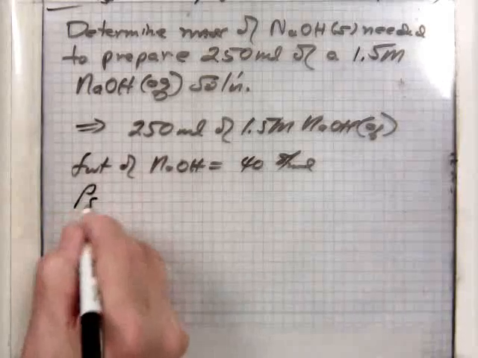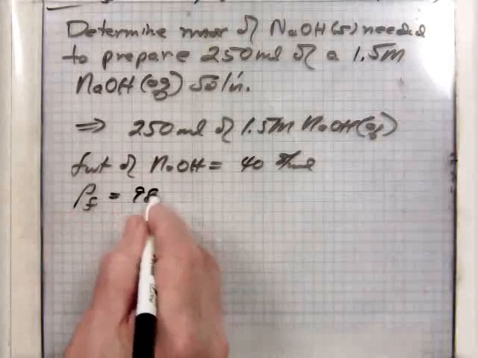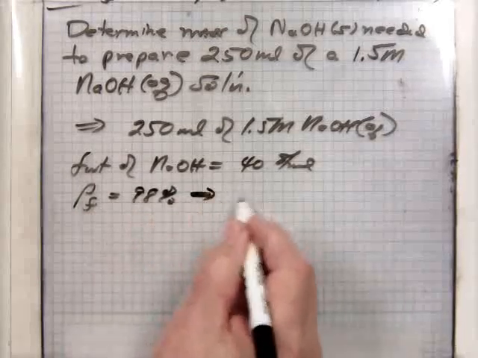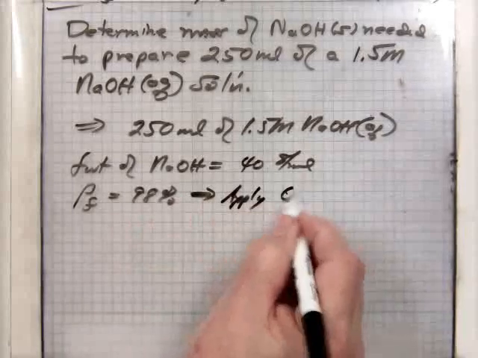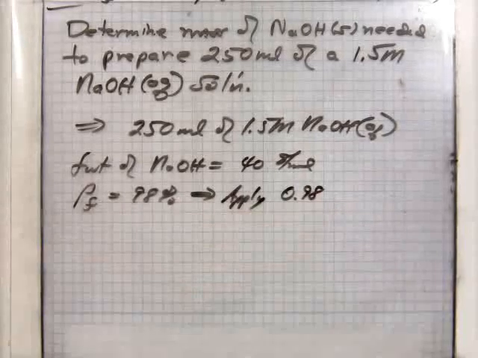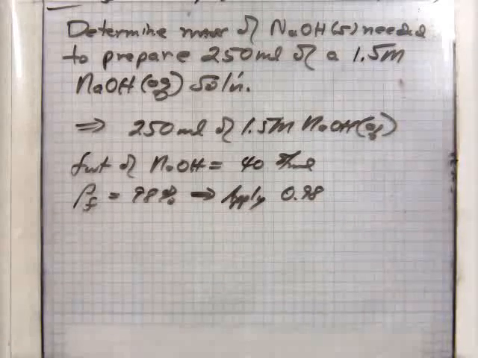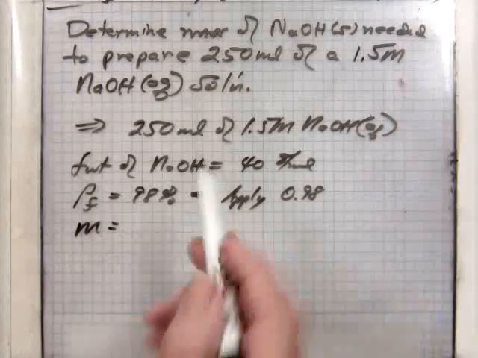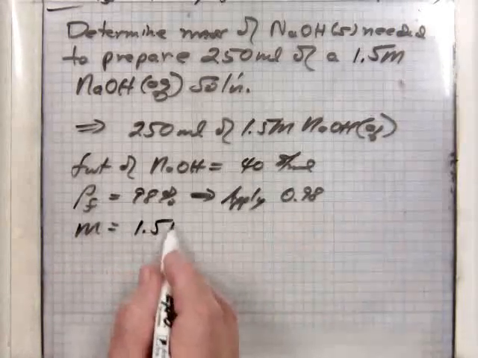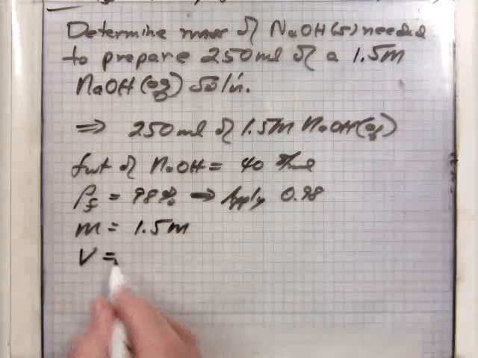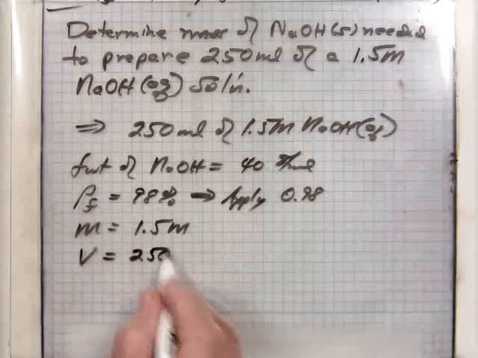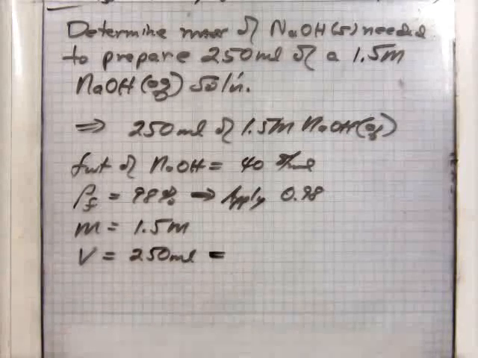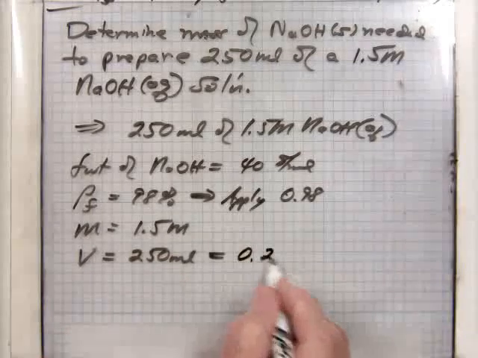Say purity factor is 98%, which you would apply as 0.98 in the equation, just to reemphasize that. But typically they won't tell you to use a decimal fraction. Molarity in the problem is 1.5 molar. Volume needed is 250 milliliters, but it needs to be converted to liters, divided by 1,000, move the decimal 3 places to the left, 0.250 liters.